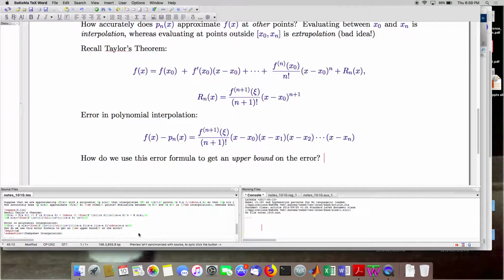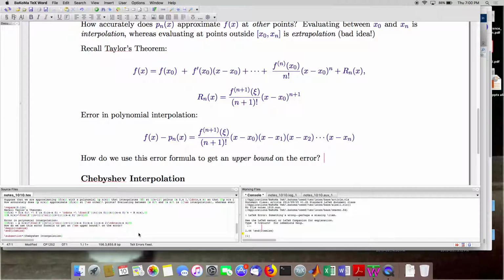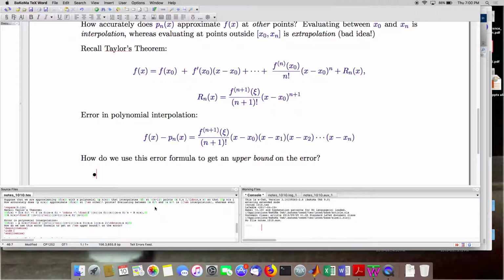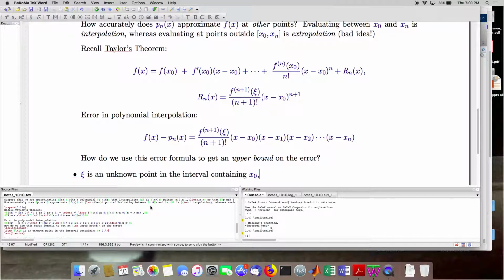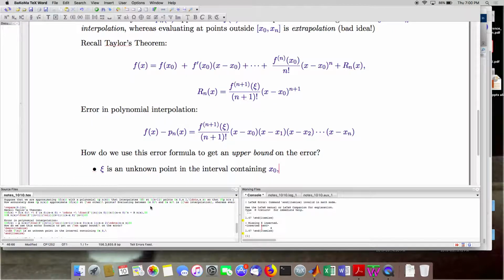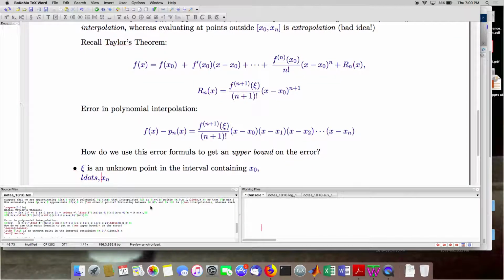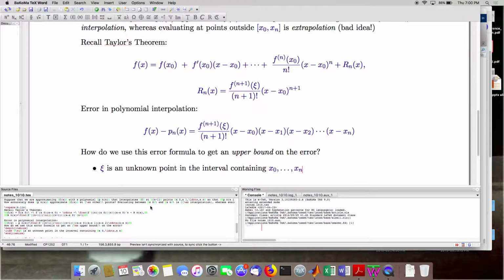So here's what we do. This unknown point c is an unknown point in the interval containing all these interpolation points. We don't know anything else about it.